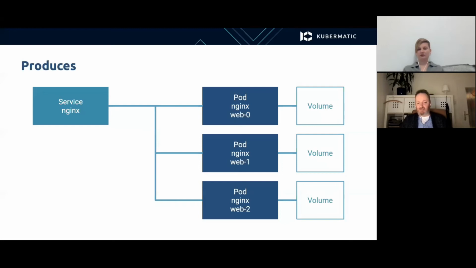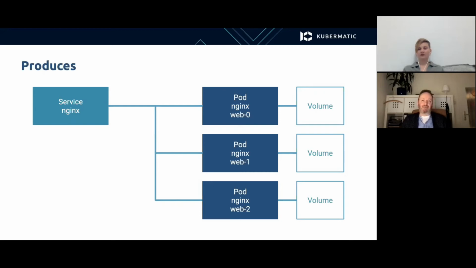And if you now scale up, then you have web-3, web-4, web-5. And if you scale down, they will scale down in the reverse order. So you will have web-5, 4, 3, 2, and the final one will be web-0.